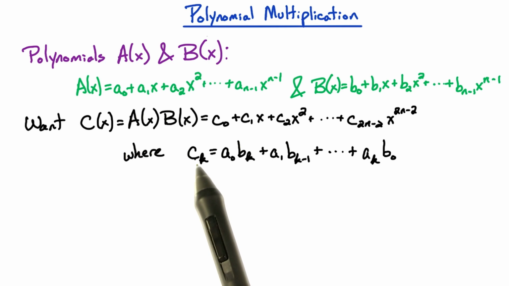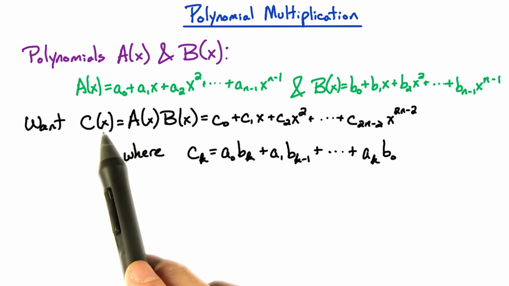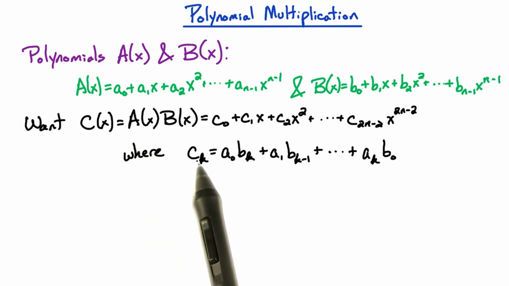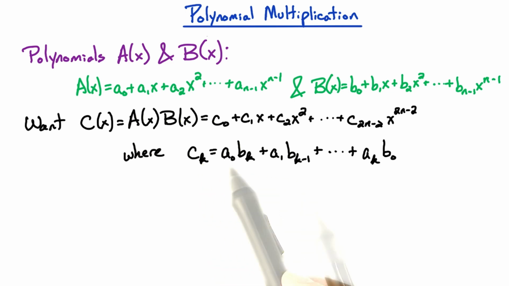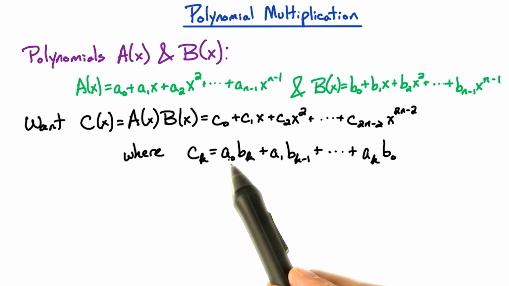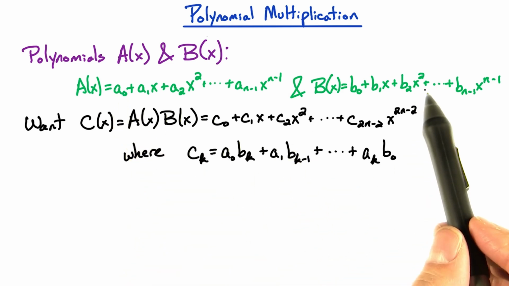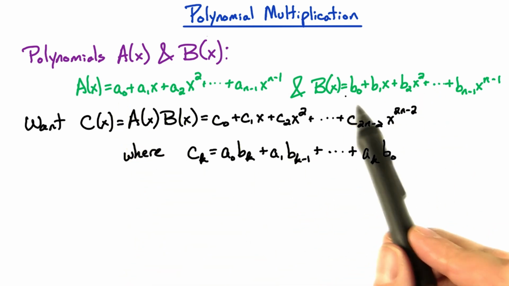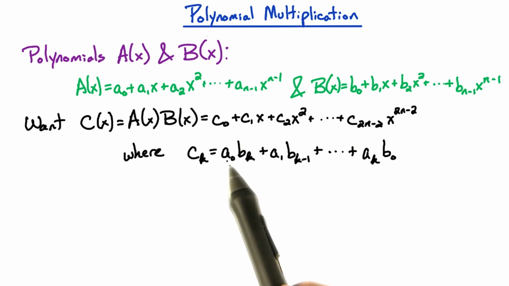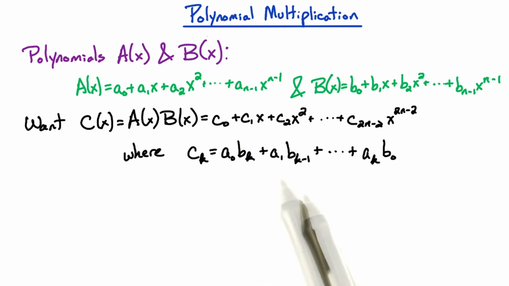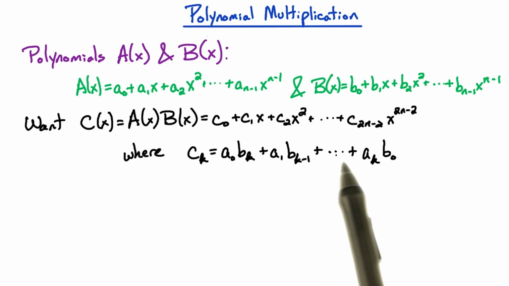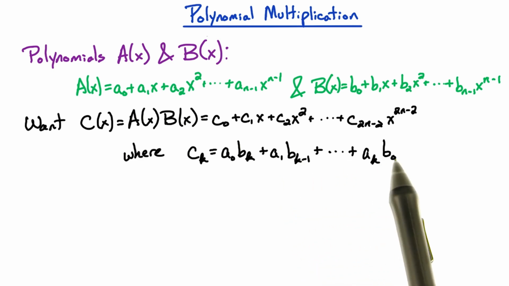Now recall that the kth coefficient of the polynomial c of x, denoted c sub k, is obtained by taking the constant term of a of x, a0, times the coefficient for the kth term of b of x, bk. So I look at a0 times bk, and I add that to the other possibilities, a1 times bk minus 1, and so on, up to ak times b0.